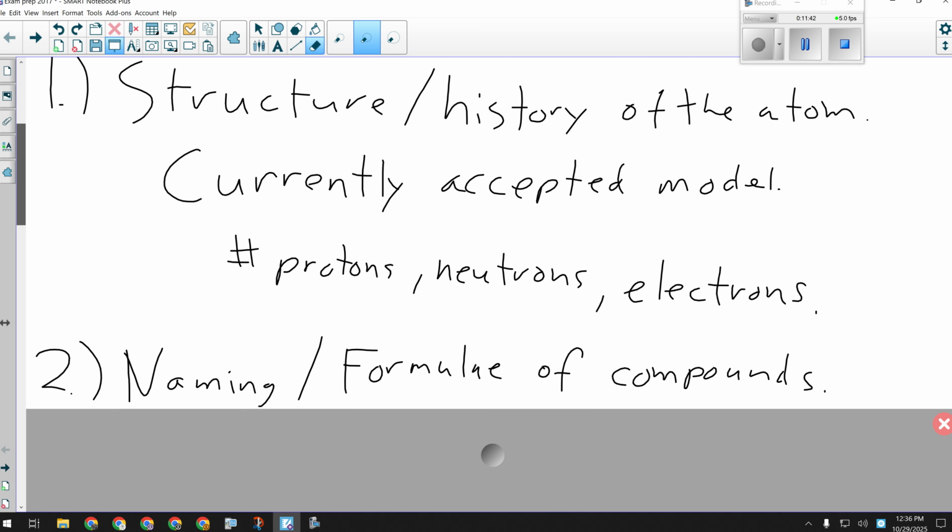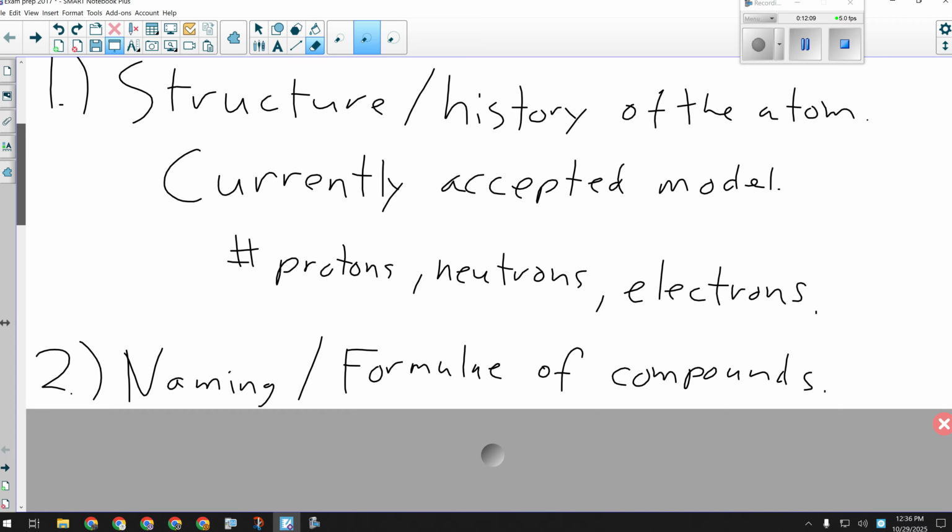Ionic compounds are made of a metal and a nonmetal. Molecular compounds are 2 nonmetals. You'll need to know that. You'll need to know kind of their differences, like in a molecular compound, the electrons are shared, versus in an ionic compound, they're traded.